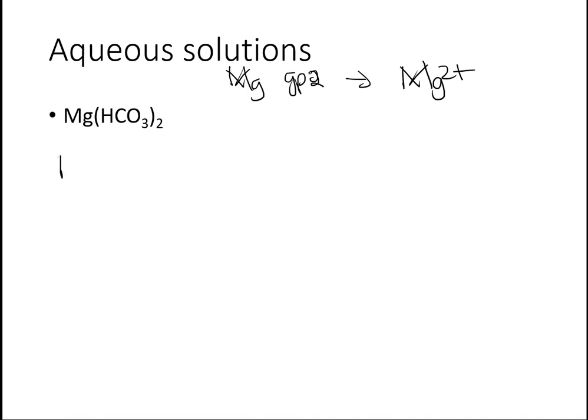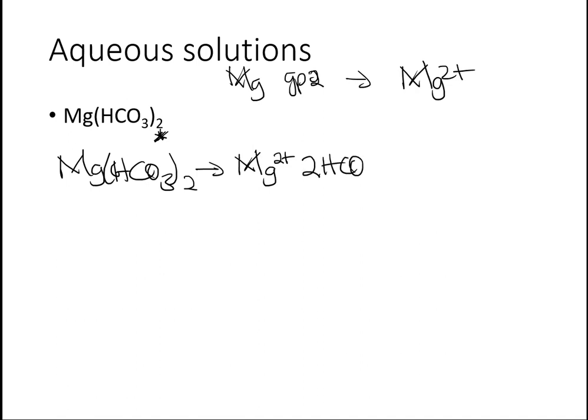So if we start with Mg(HCO3)2, in between we are going to have one Mg, so Mg 2 plus, but then we see this subscript, the subscript needs to go in front. So we are going to have 2 HCO3.